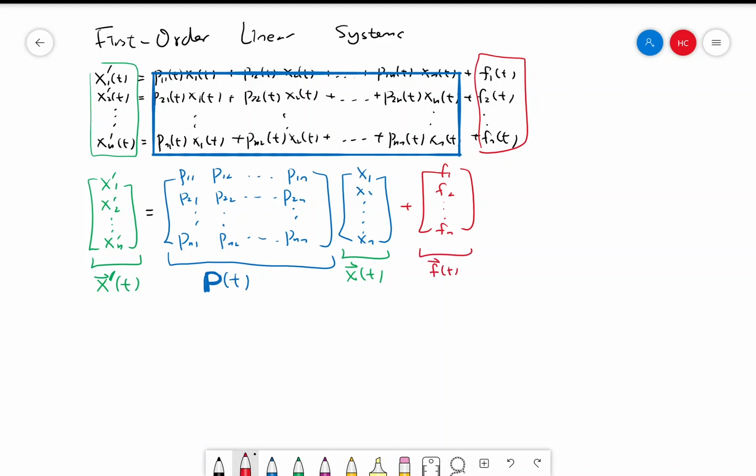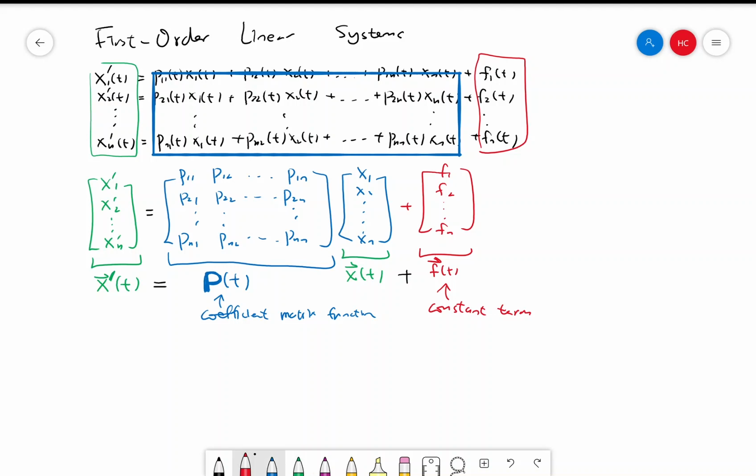This is a vector. Okay. So now we have the equation x prime equals P times x plus f. So P is the coefficient matrix, technically a matrix function, and f is the constant term. Yep, so we have rewritten this first order linear system in terms of matrices and vectors.